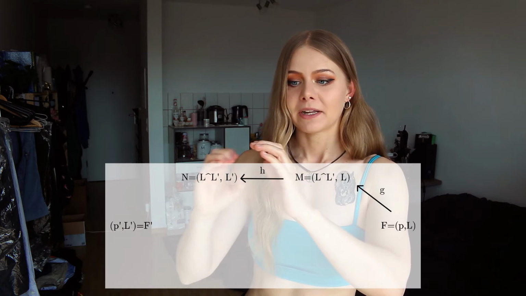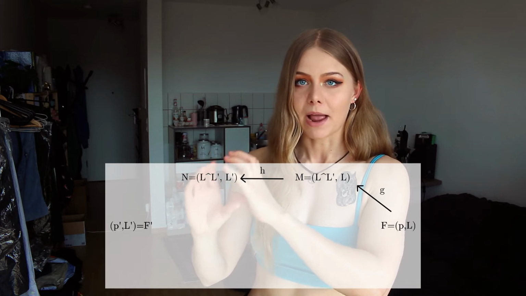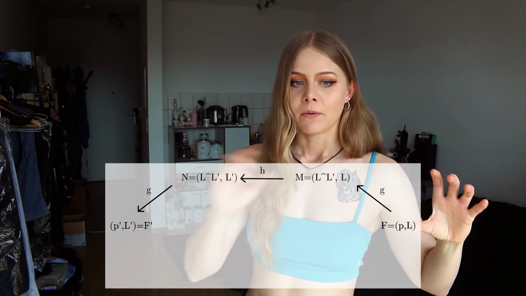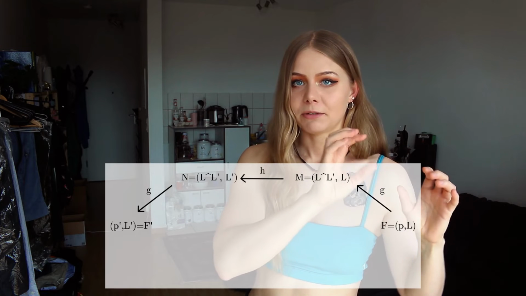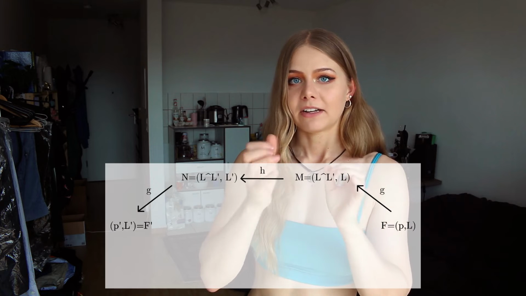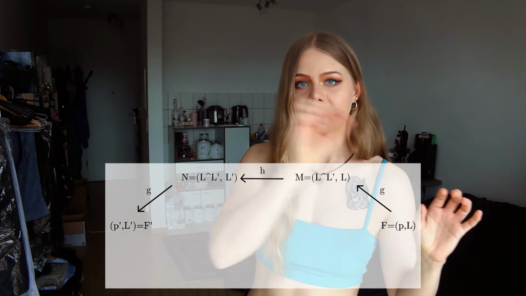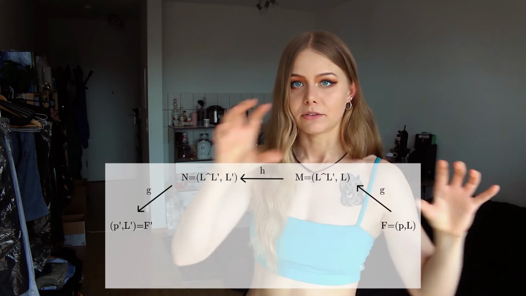And from there we can go to the flag we wanted to reach, the P prime L prime flag. If we say that changing the point corresponds to G, and changing the line corresponds to H, we can get a distance GHG between these two flags.